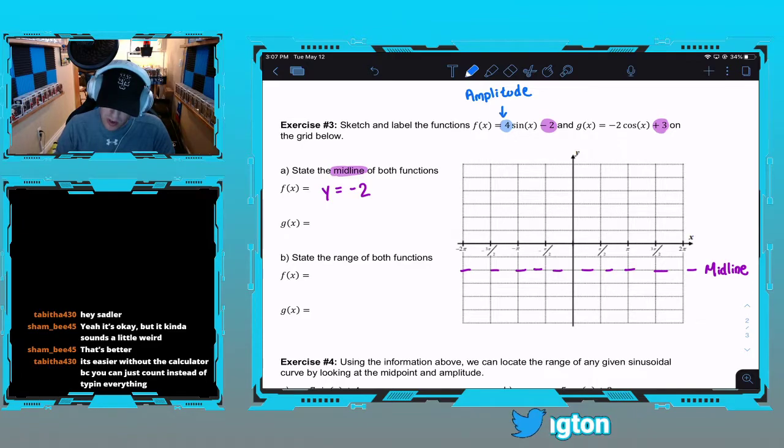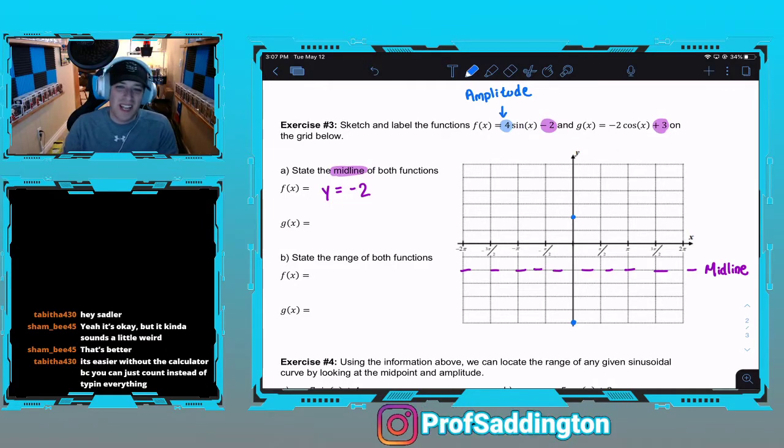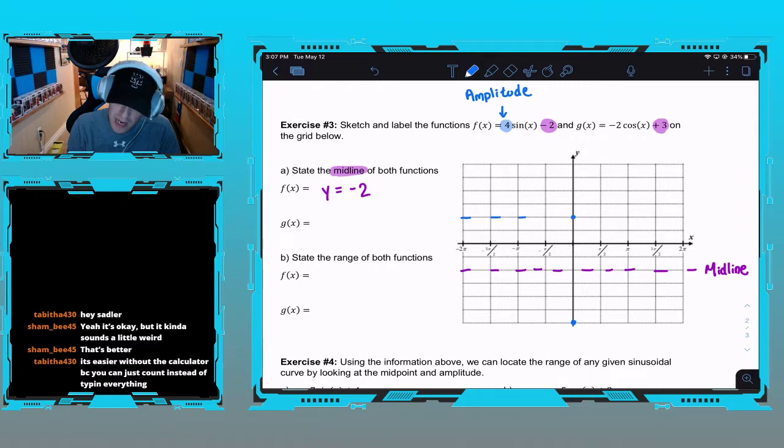So I'm going to count up 4. I'm just going to put a little dot. I'm going to count down 4. I'm going to put a little dot. And I'll even do a dashed line through this too. Now these dashed lines are not necessary, but I'm showing it for note purposes.